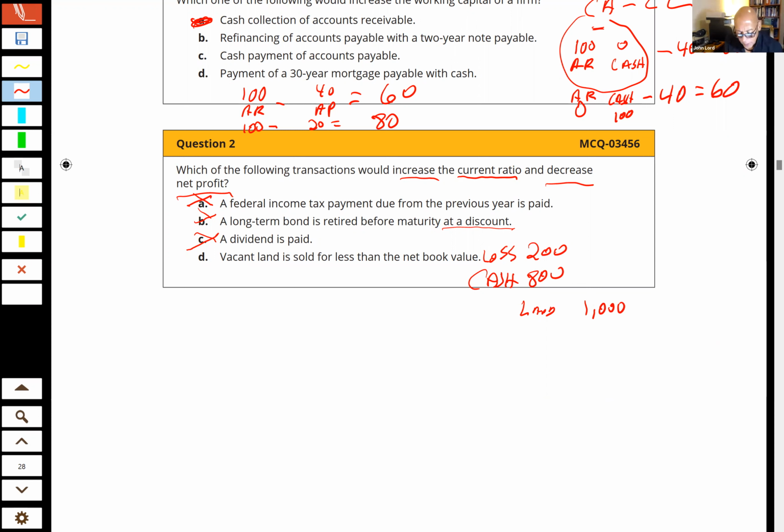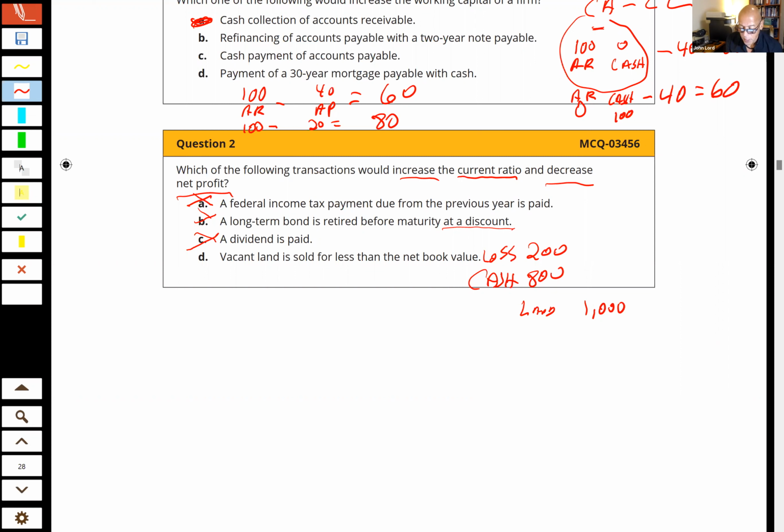I think now that I look at it, what makes B wrong is retiring a long-term bond. Oh yeah, it would have a cash effect because I'd have to retire it with cash. So it wouldn't increase the current ratio. It would decrease the current ratio.